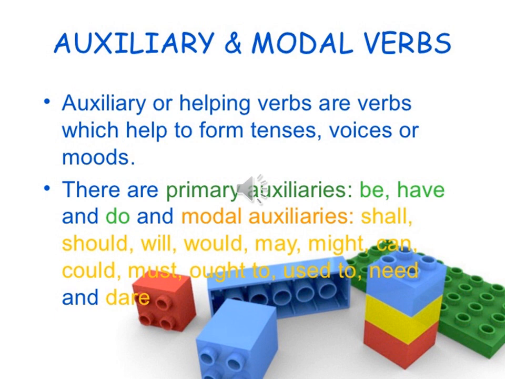Children, please note that primary auxiliaries can act both as main as well as helping verb. And there are three primary auxiliaries, that is be, do, and have. Whereas there are 13 modal auxiliary verbs like shall, should, will, would, can, could, may, might, must, ought to, used to, need, dare.